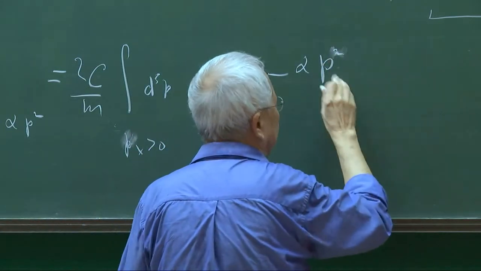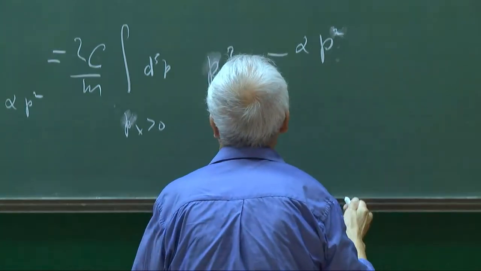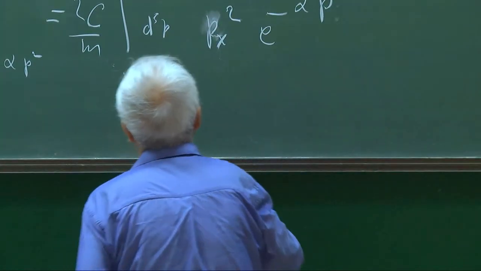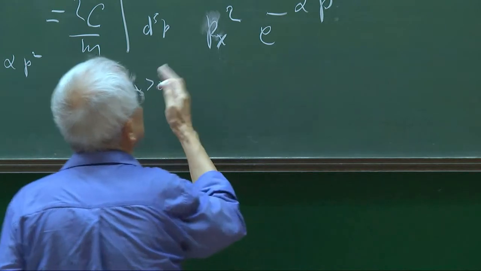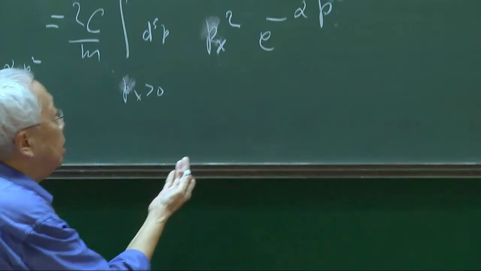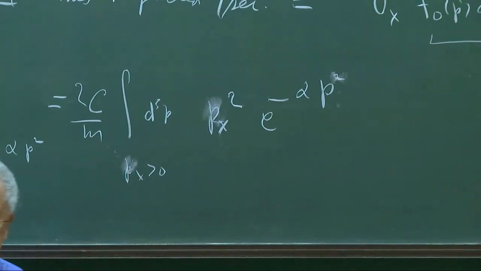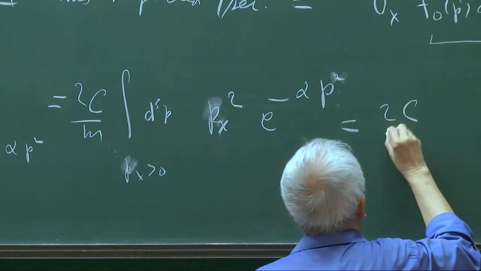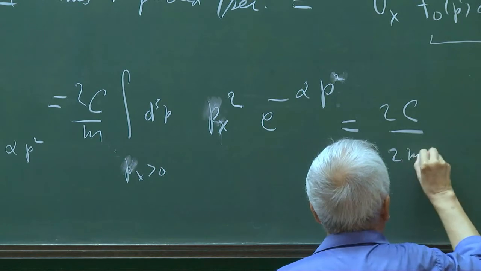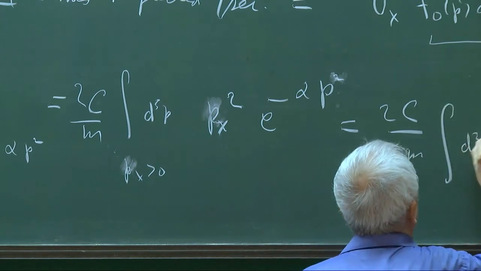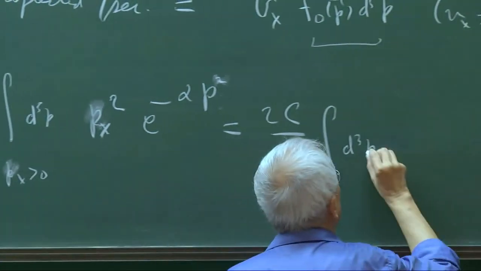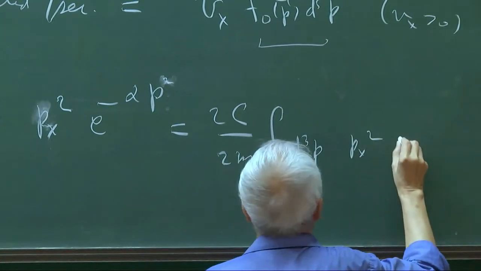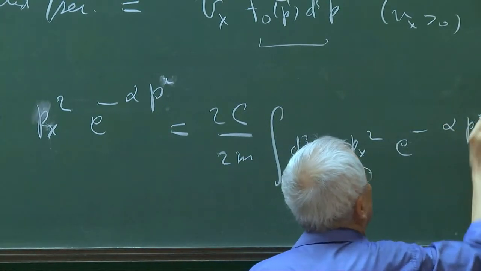Here p squared means px squared plus py squared plus pz squared. Since the integrand is the same whether you take minus px or plus px, this is just equal to 2c times 2 over m, over all of the space without this condition, times px squared times e to the minus alpha p squared.